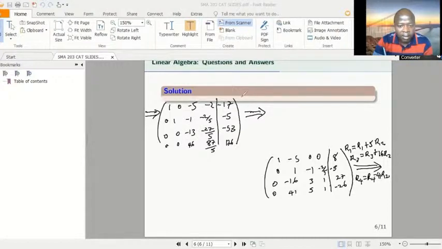So that means to get the new row 3, I'll take the current row 3 and multiply by negative 1 out of 13. And so when that happens, row 1 remains where it is. Row 2 remains the way it is.